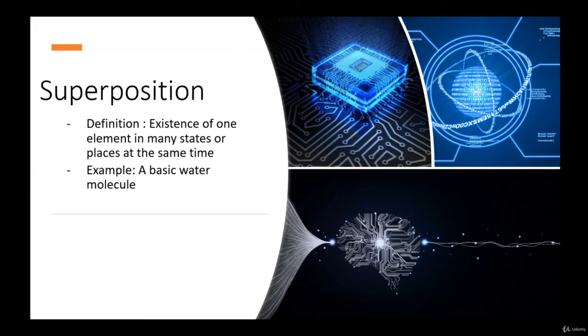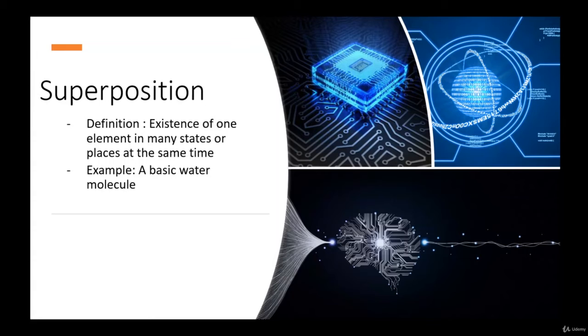But in reality, the shared electrons are at the same place at the same time within the atom of oxygen and the atom of hydrogen. In other words, they exist at both places. So this could be one example in nature.